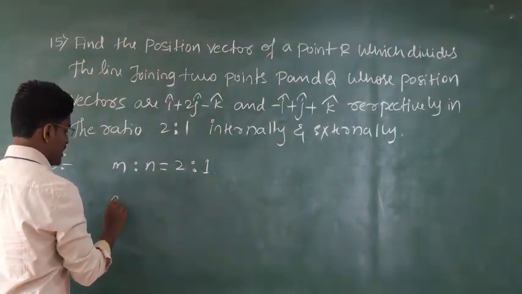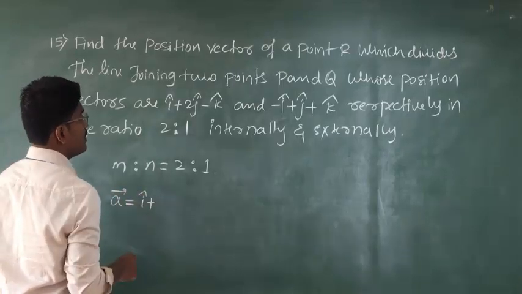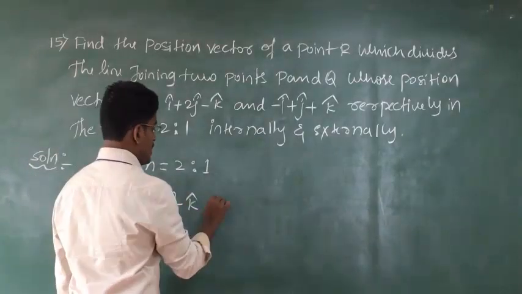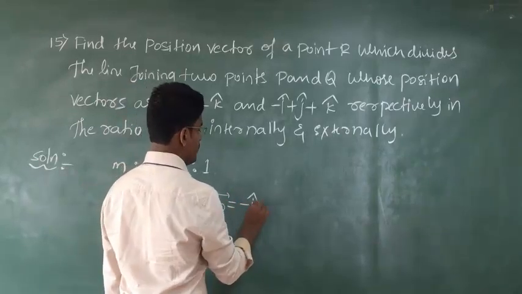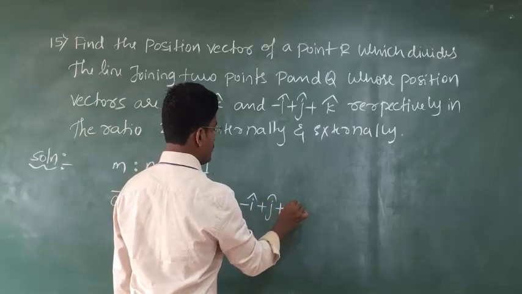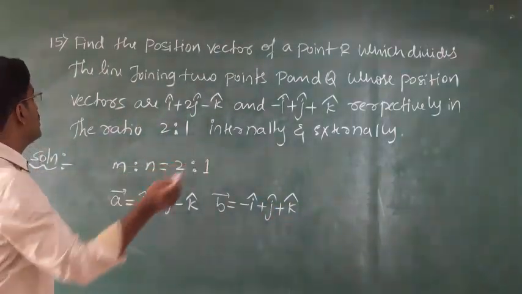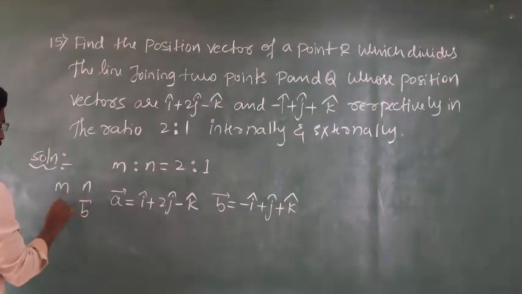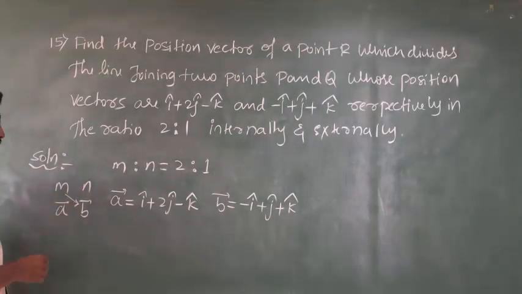That is, vector A is equal to i cap plus 2j cap minus k cap, and vector B is equal to minus i cap plus j cap plus k cap. Clear? So to remember the formula, please see, you write like this: m multiplied with b, n multiplied with a.